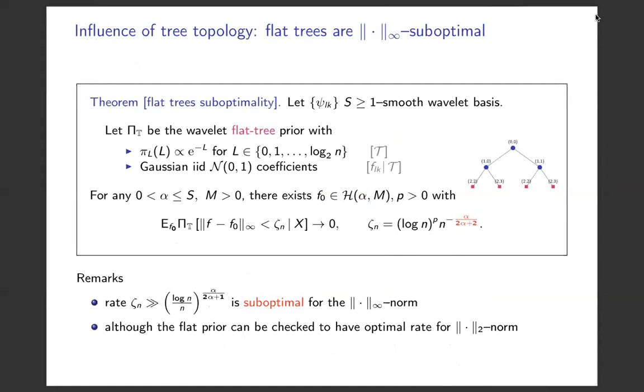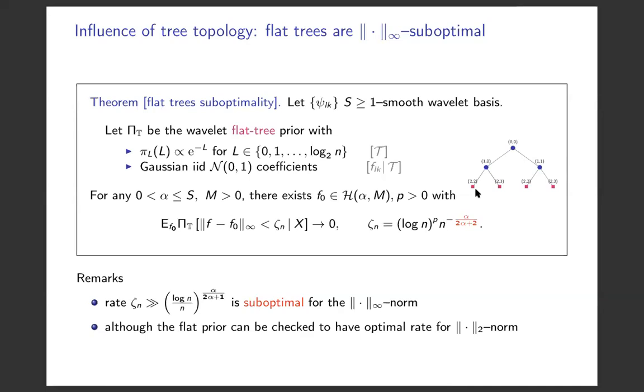If you take maybe the simplest tree prior you can consider, instead of a very flexible tree as in BCART, you take a flat tree. That would actually just be a sieve prior. You draw a certain depth at random, and once you get this depth, you just take the whole tree up to this depth.